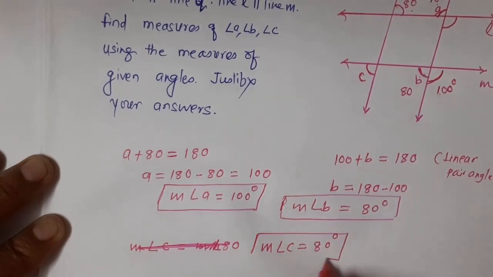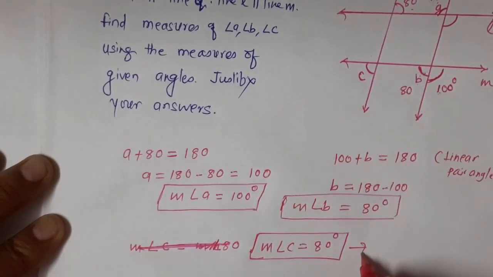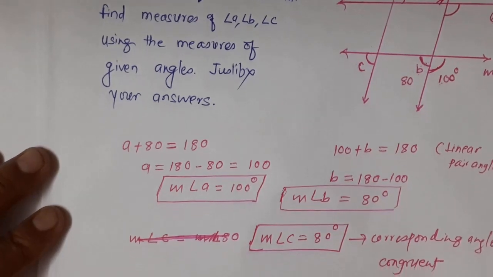What is the rule for that? These are corresponding angles, and corresponding angles are congruent. So according to that, you have to solve this.